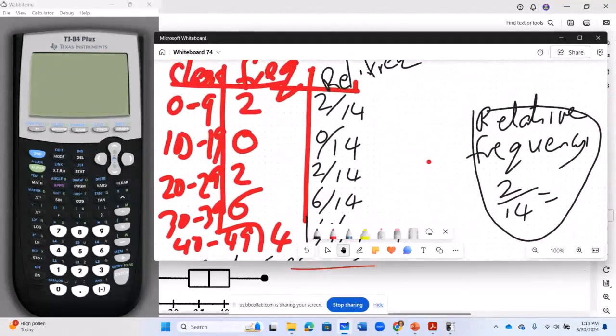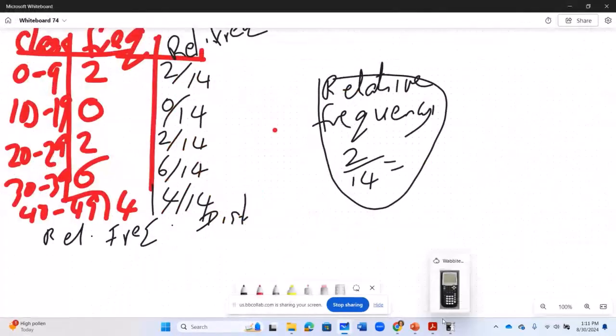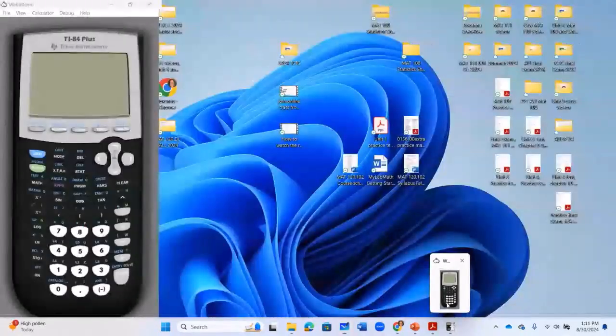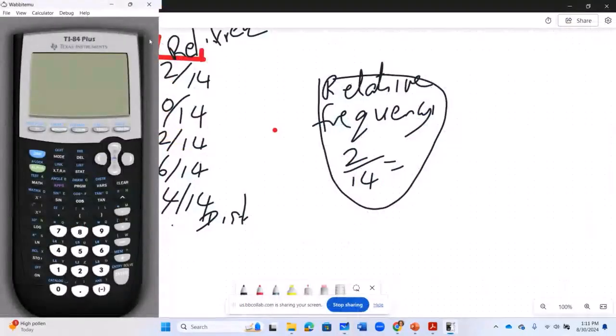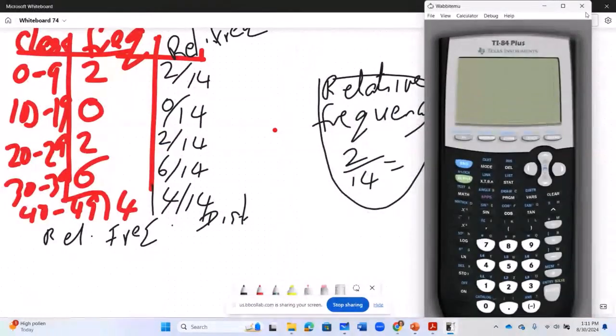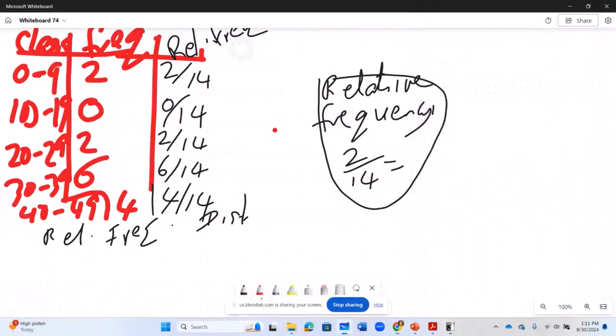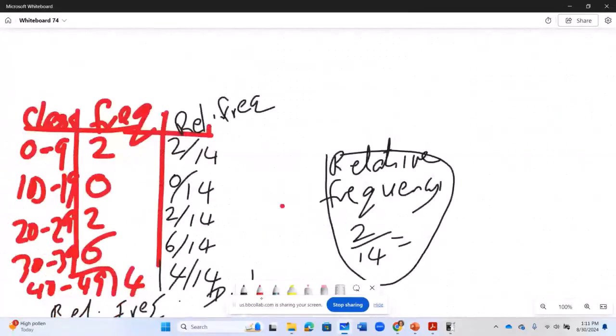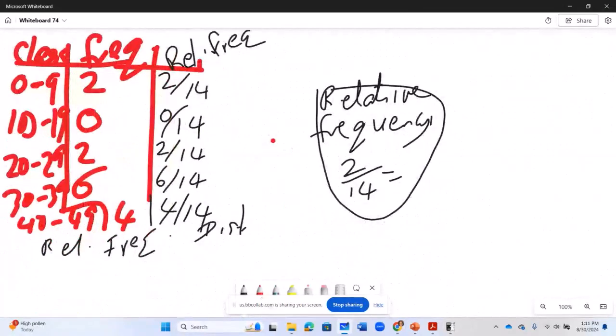In this column, I can expand this, and then bring this up. So I want to put in another column called cumulative relative frequency.